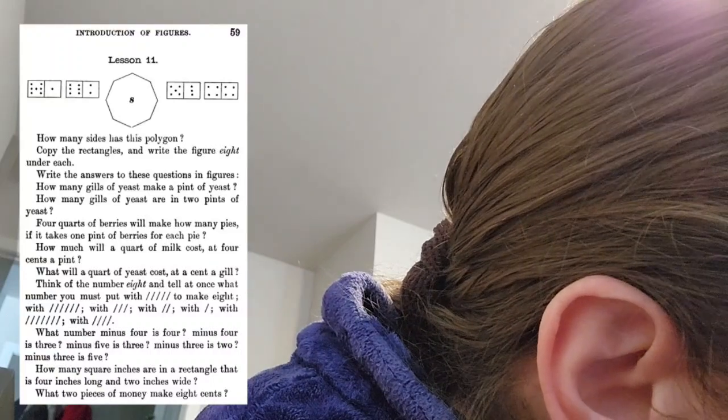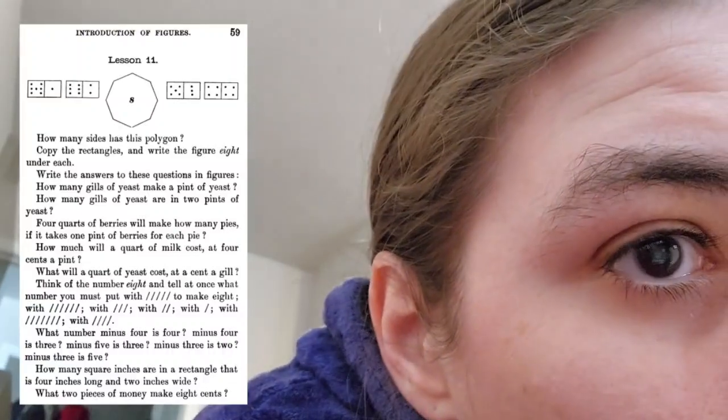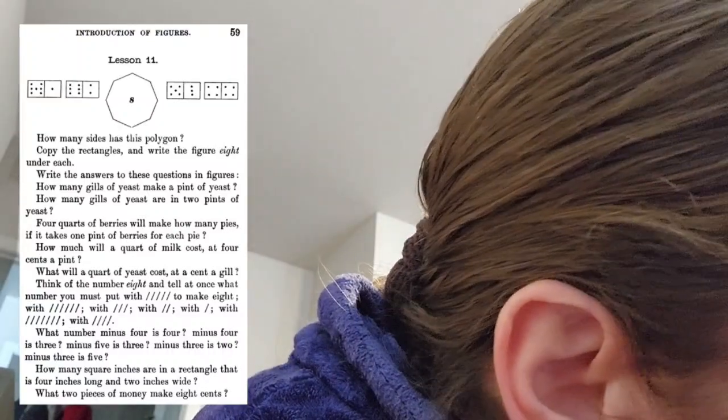You would need to put 8, no, you have 8. You need to put in 3 more sticks to make 8.